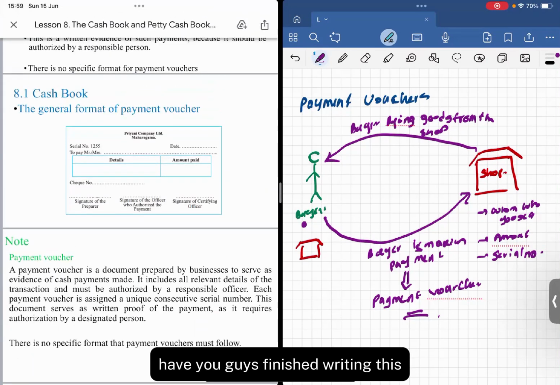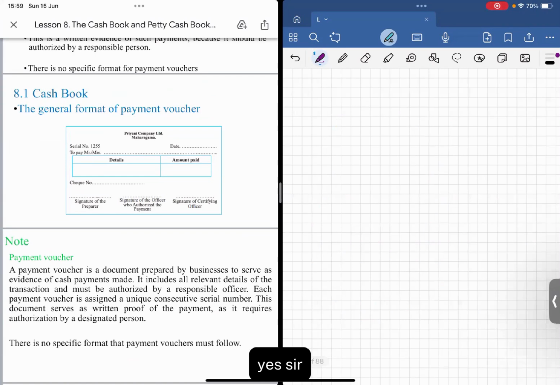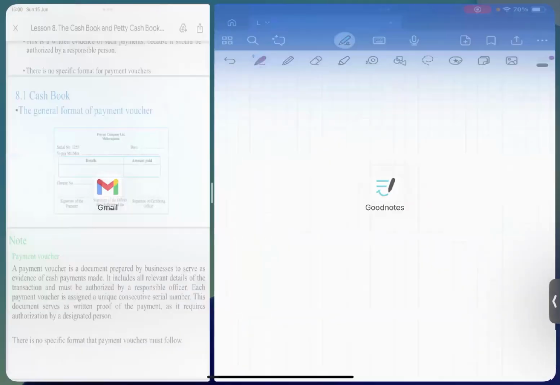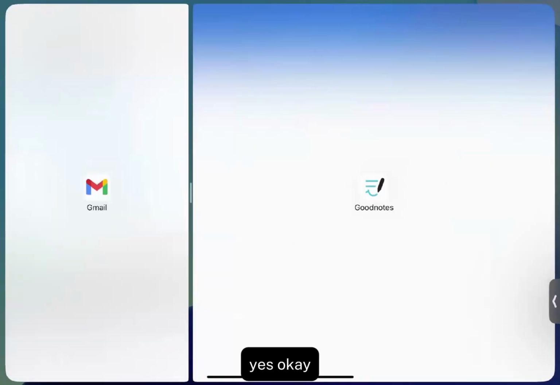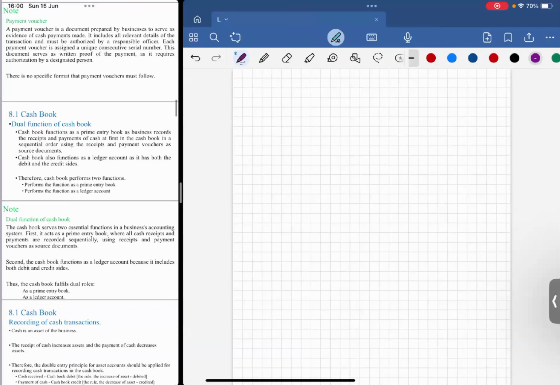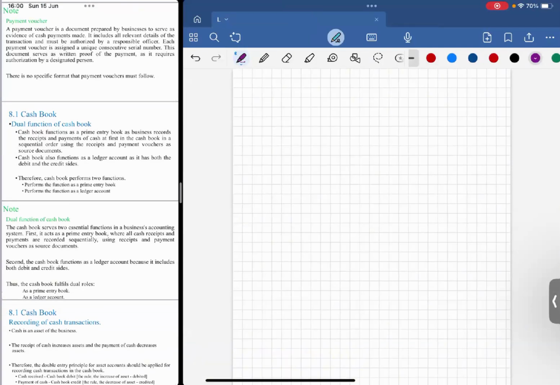Have you guys finished writing this? Yes, sir. Rakesh, have you finished writing this? Yes. Putha? Yes, finished writing. Okay.